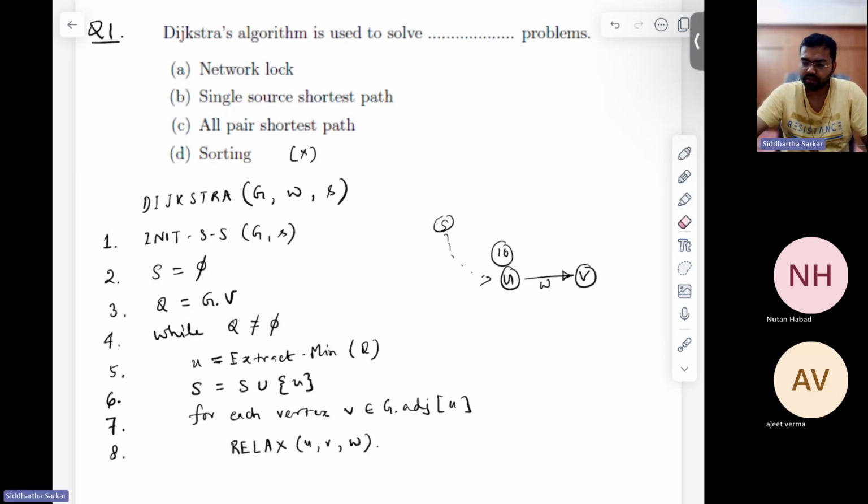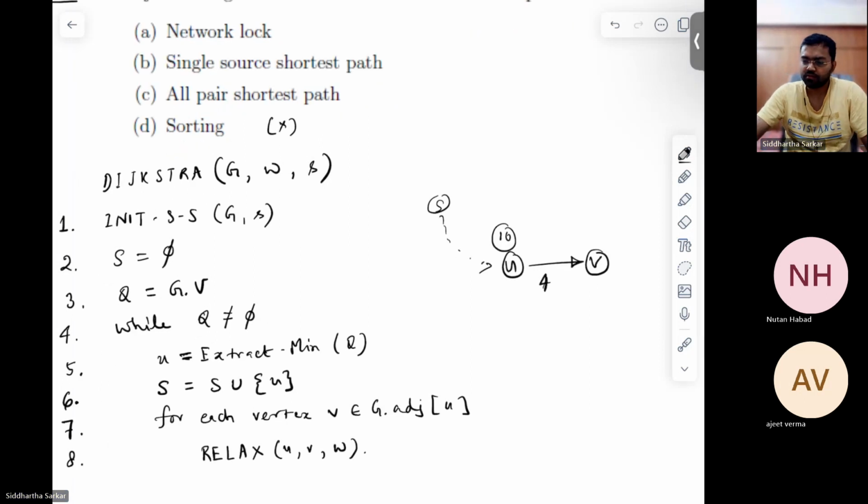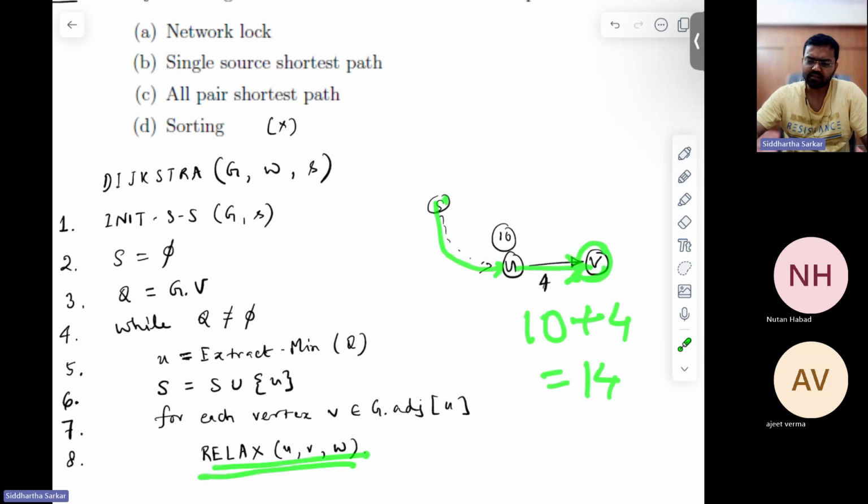Suppose the edge weight is 4, then V is reachable with a cost of 10 plus 4. You see what relax is already.